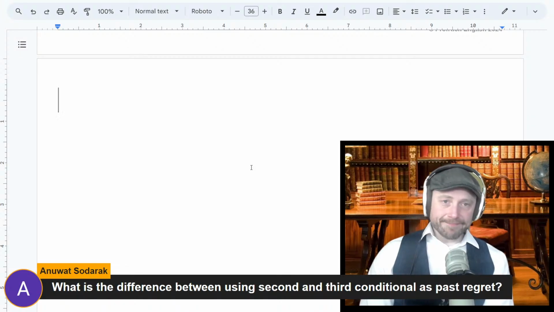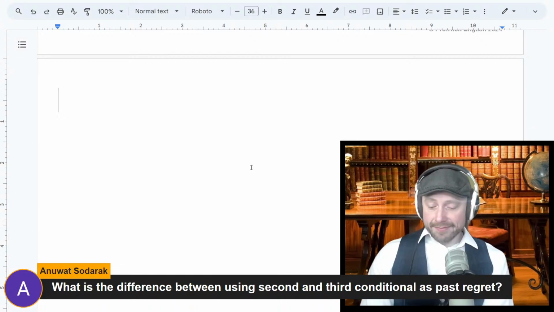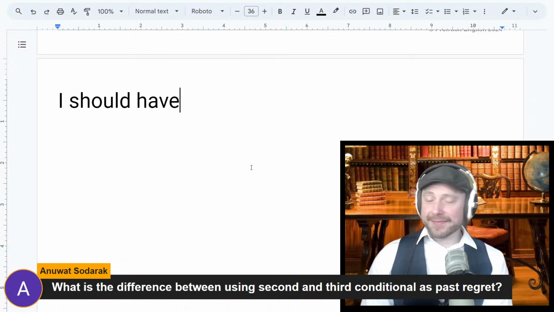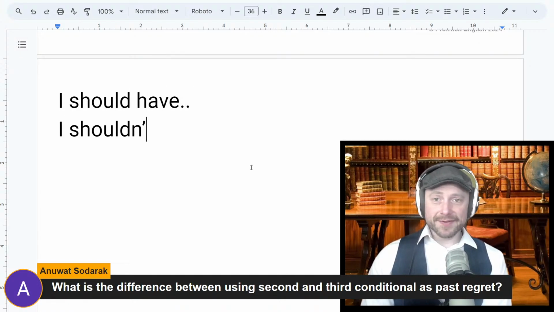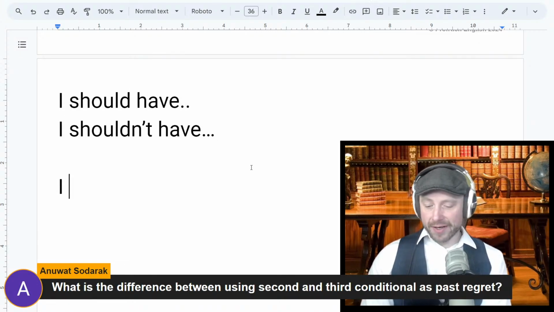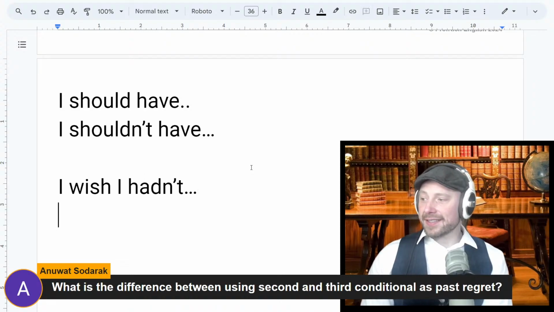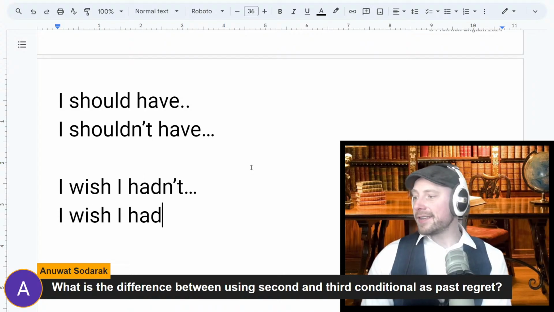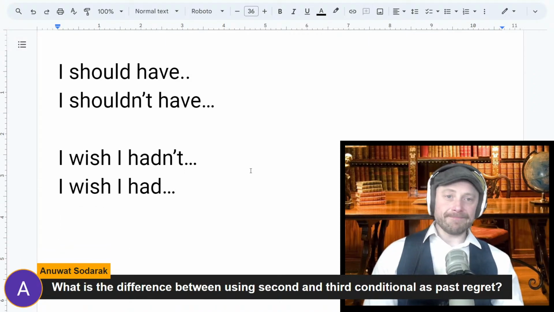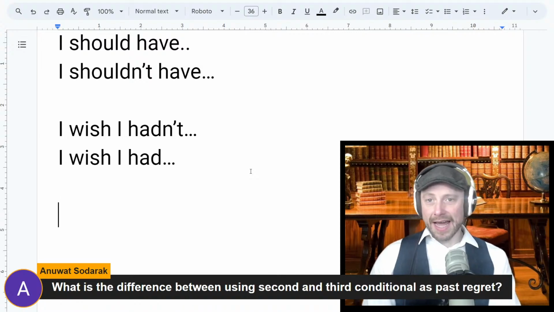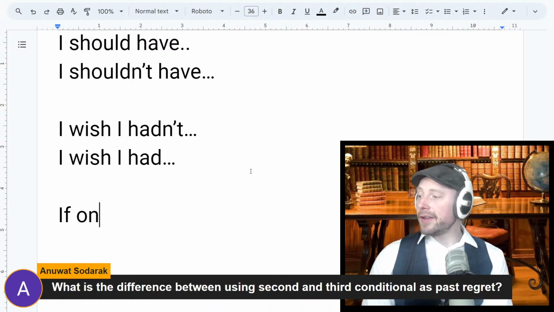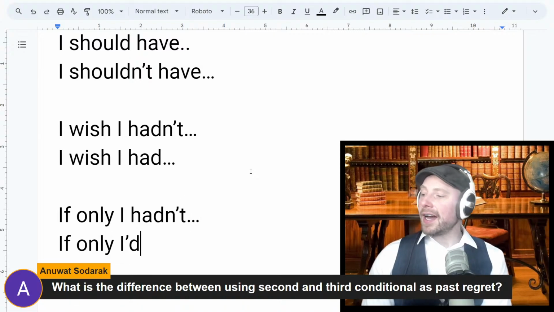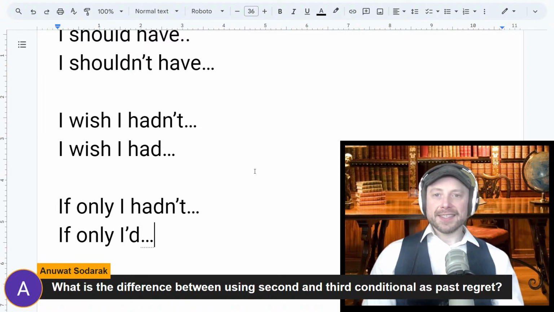Of course, the most common way to represent regret is I shoulda, or I shouldn't have, or even I wish I hadn't, I wish I had. And the really strong one, if only I hadn't, if only I'd, yeah.